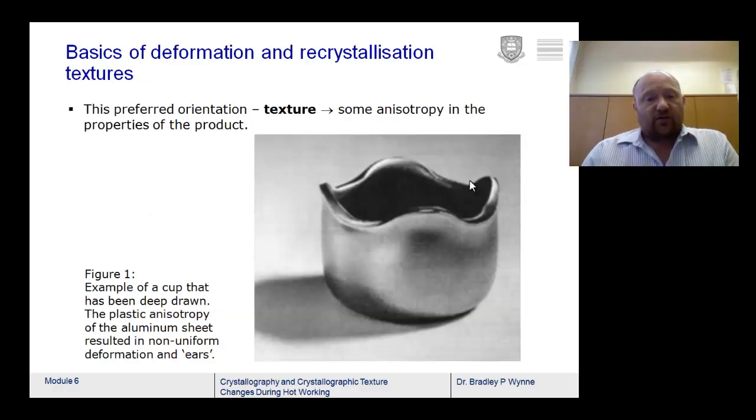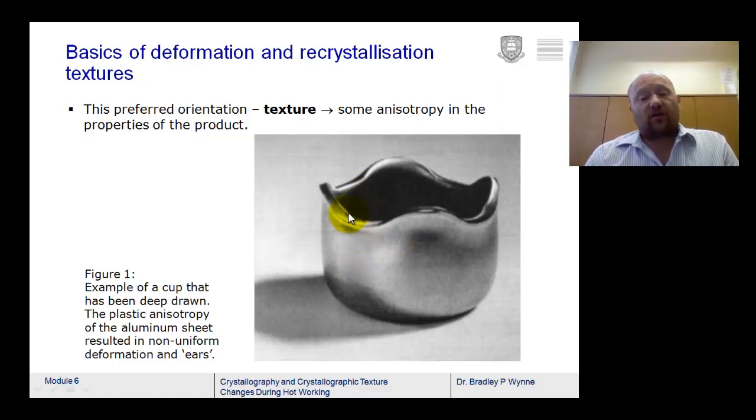And of course, this has a massive impact on sheet metal forming operations. In this case, because I have a non-random distribution of grains, and such that I have a variation in yield strength of the material in the plane, when I do a deep drawing operation, I end up with a scenario known as earing. You can see in this case, I have material where it was very easy to deform in this direction and much harder to deform in this direction.